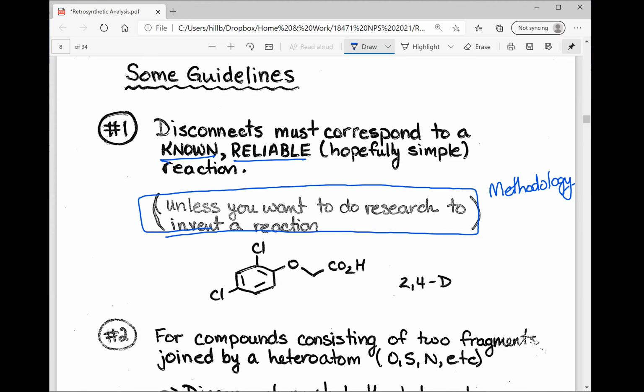Wouldn't it be nice to be able to do a transformation like this? It doesn't really exist in the literature. Let's develop it so we can use it in situation X, Y, and Z, right? So this is one of the other classifications of organic synthesis.